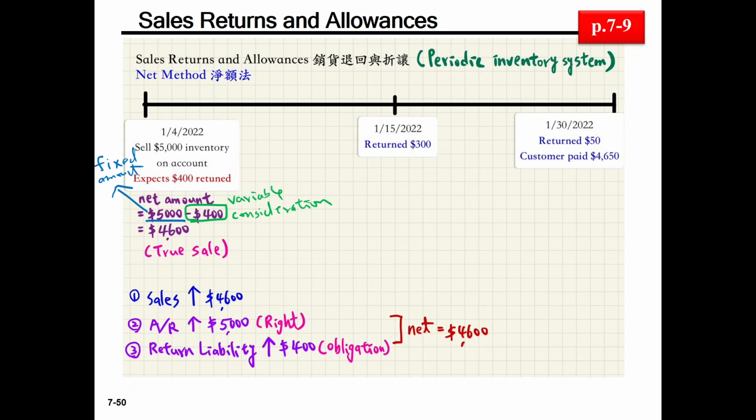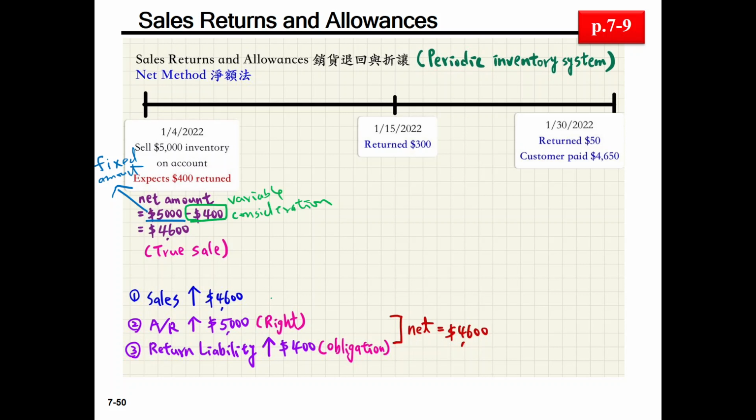But don't forget, we give 100% of the inventory today, so I still will ask for the money for 100%. But at the same time, on this same day, we promise we are going to accept the return, right? So we have the relative obligation for that $400.